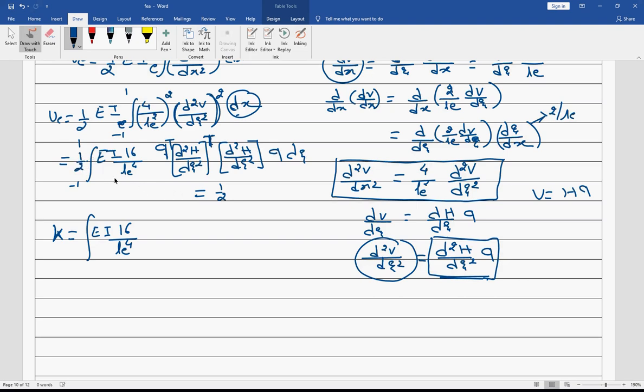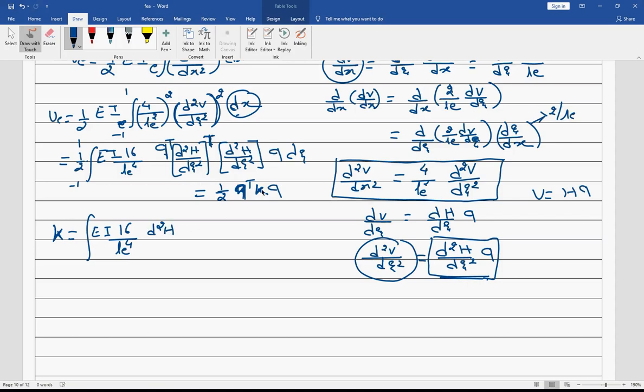Yeah, 1 by 2 here, I missed out. So 1 by 2 Q transpose K into Q. So this is Q transpose, K into Q, so EI 16 by Le raised to power 4.